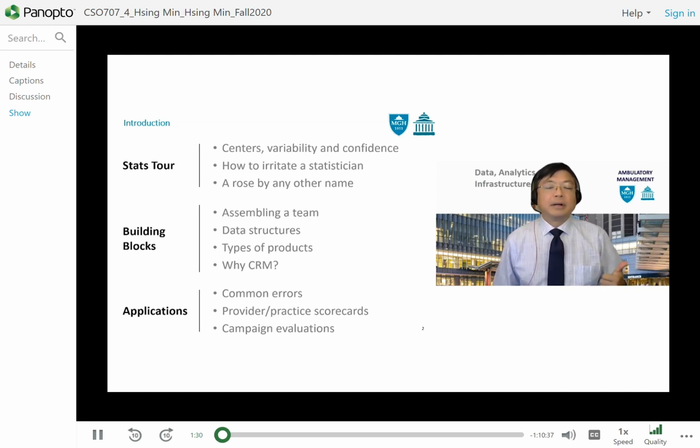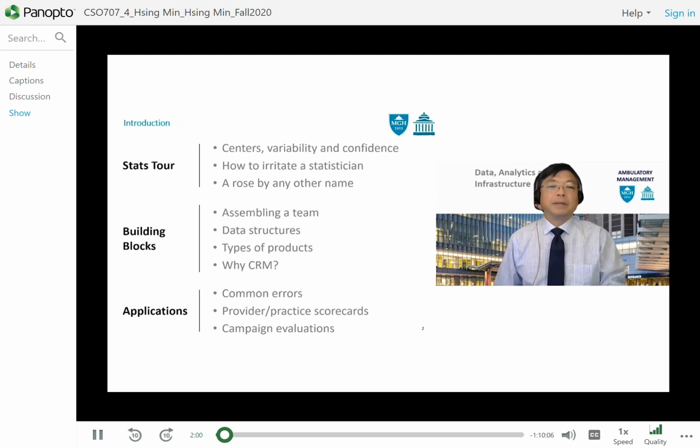In particular, we did get feedback last year, and I saw this year's intros, desire for more emphasis on statistics. And this is not a statistics course, but I will have my first section be a kind of a tour of statistics focused on key takeaways and maybe some insights that might be useful for advanced practitioners.